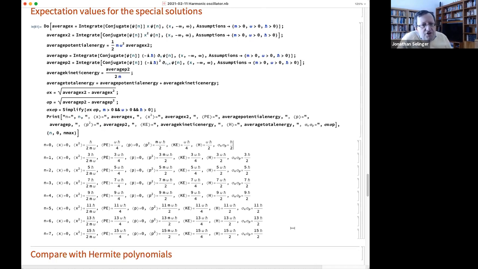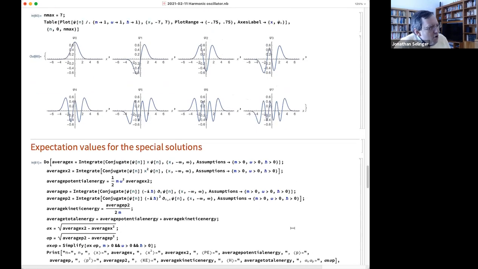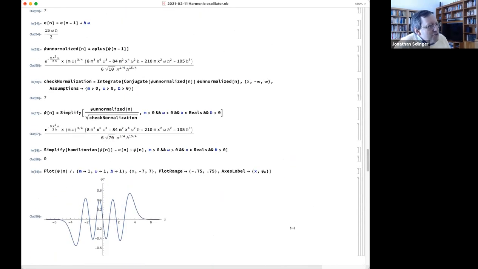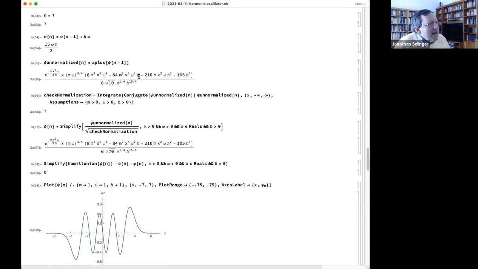Each of these states is some polynomial times the same exponential function. That's something I showed you as we were going along. The polynomials are getting to be higher and higher order.